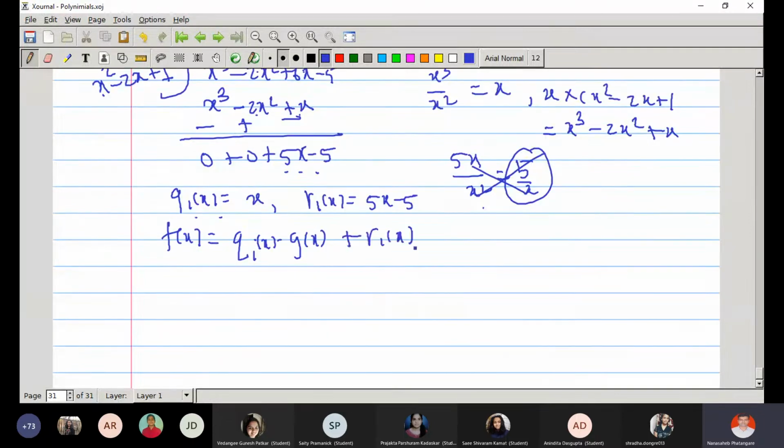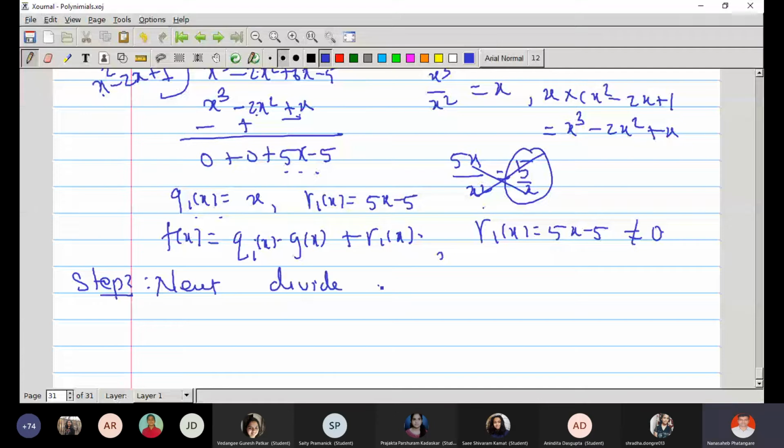f(x) is equal to q1(x) into g(x) plus r1(x). We are at this step and r1(x) is 5x minus 5 which is non-zero. So next step, step 2. Divide g(x), x square minus 2x plus 1, by r1(x), 5x minus 5.